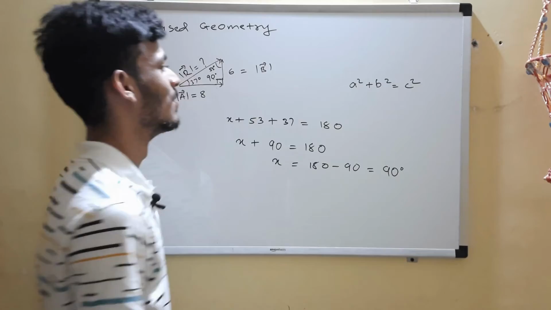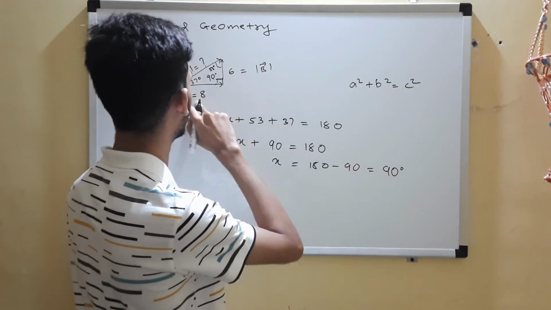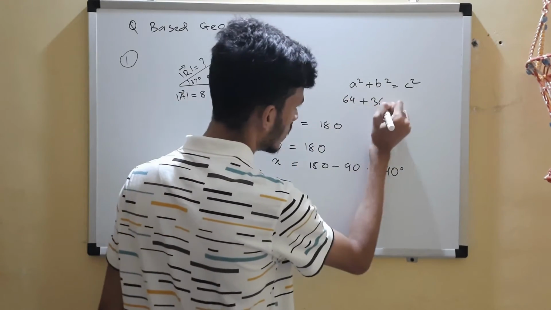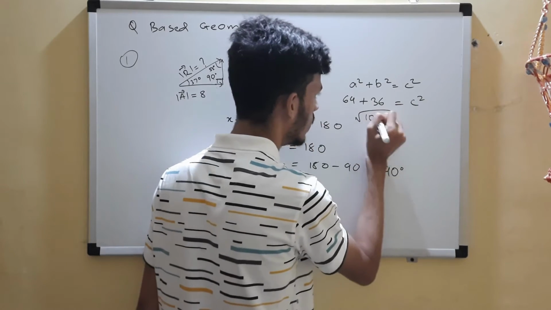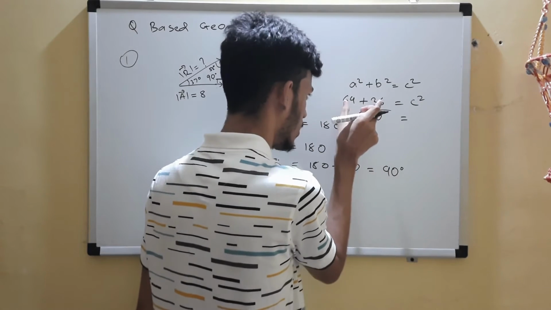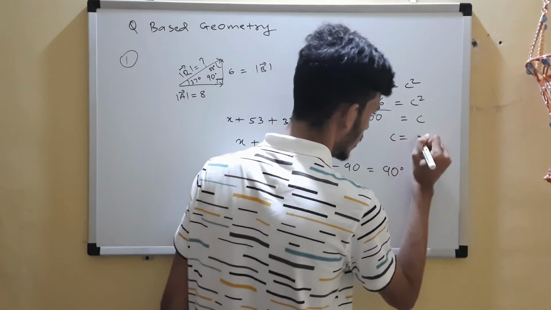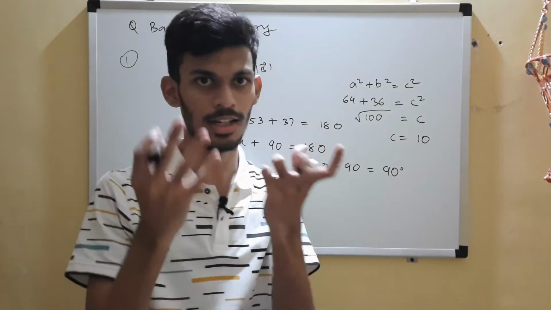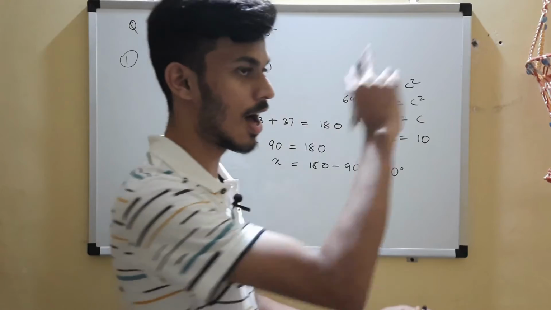So a square is 8 square, 64, b square is 6 square, 36, equal to c square. So c square is 100, and c is the square root of 100, which is 10. We'll just consider the magnitude, the positive sign. So the magnitude of R is 10.